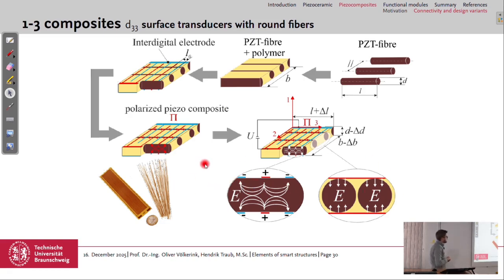If we look from this side, then we only have, for example, the positive electrode. Then we see that the electric field is from top to bottom across the cross section of the fiber. So which effect are we using here?